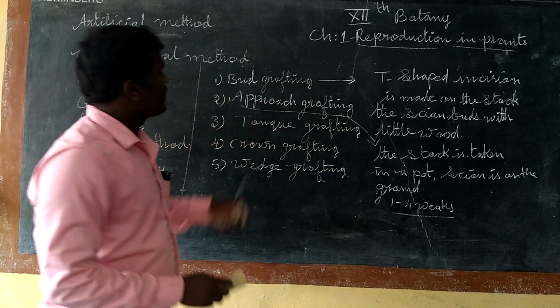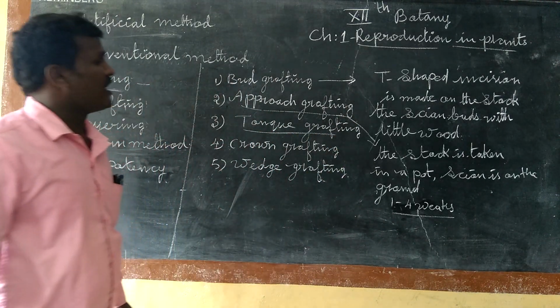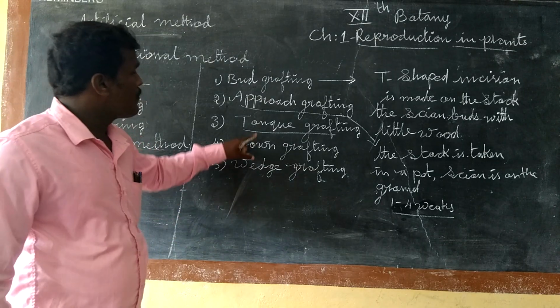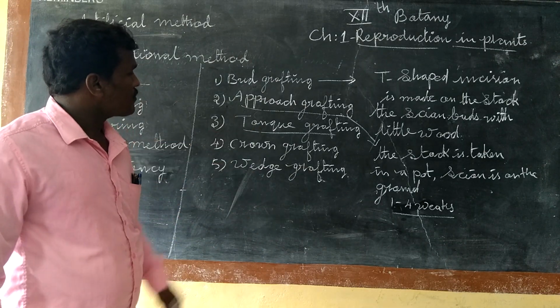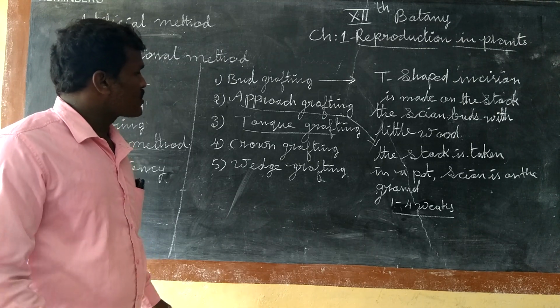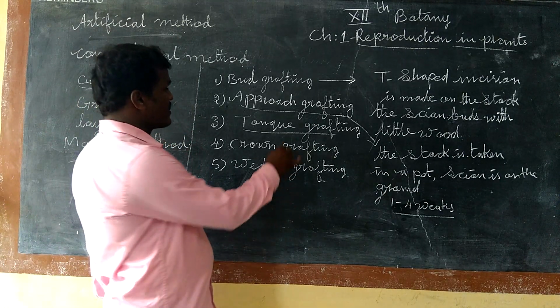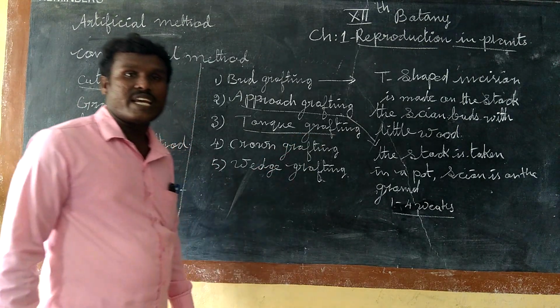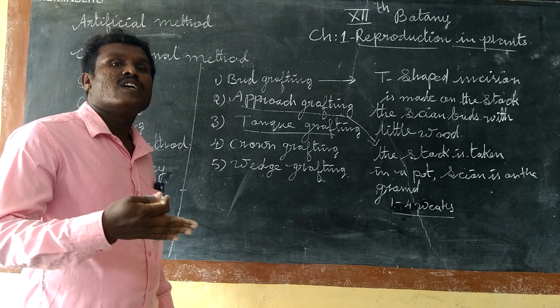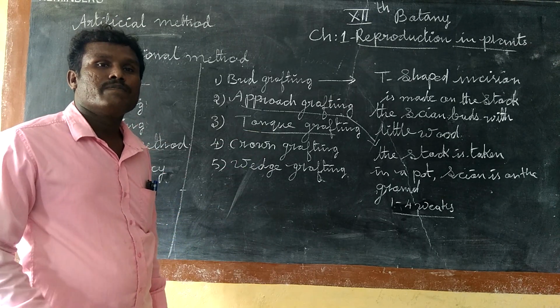The next one, tongue grafting. In this method, the stock and scion have the same thickness. A cleft or slit is made in the stock.